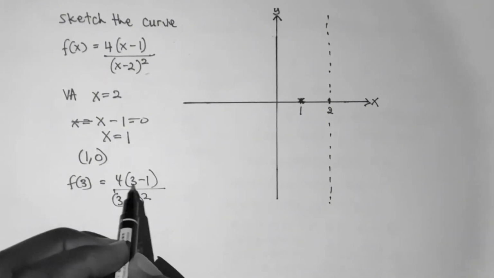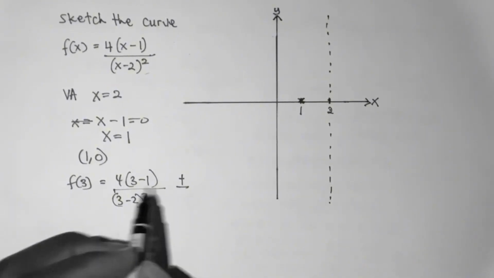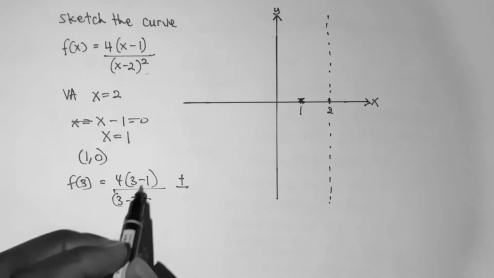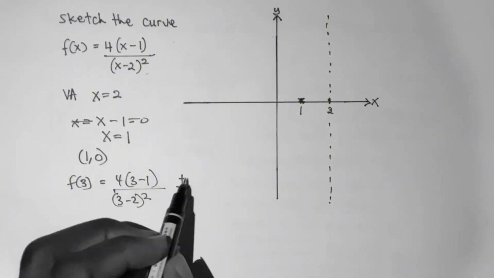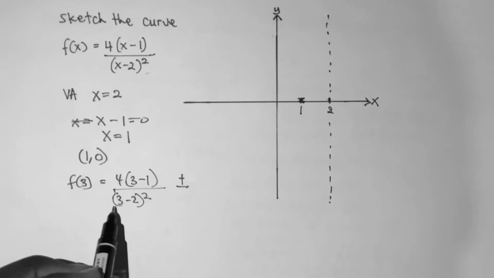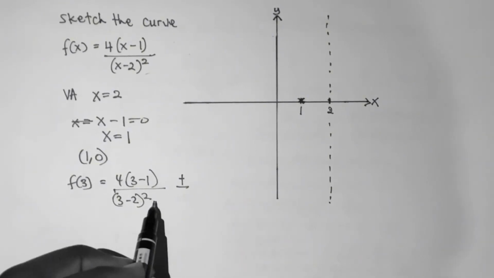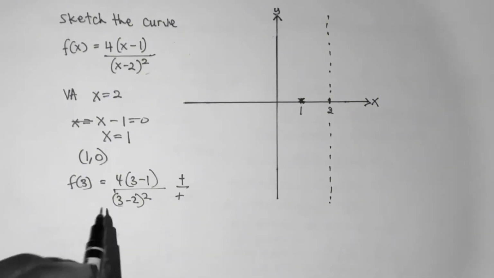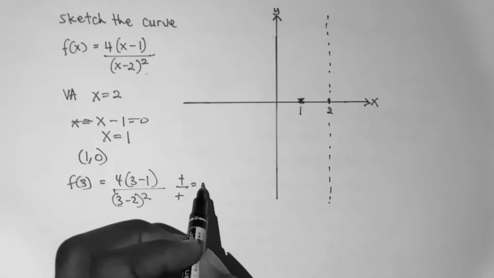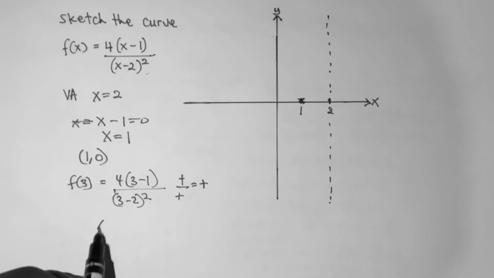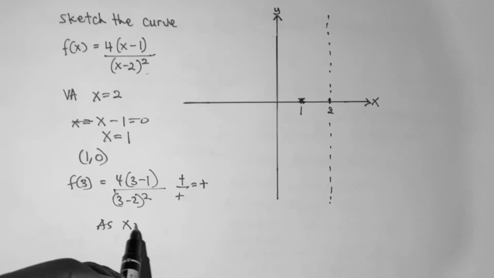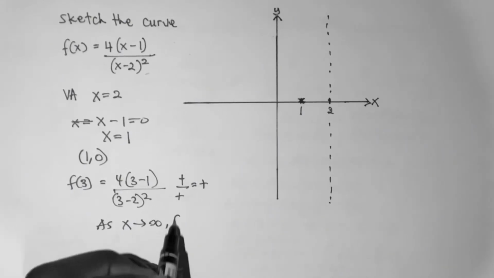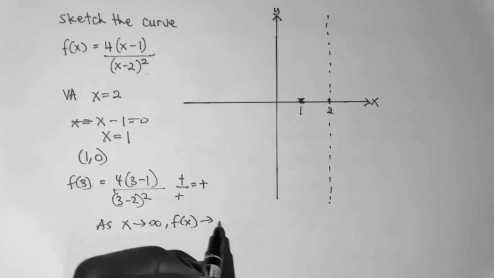Now 3 minus 1 is a positive number, times 4 will still give us a positive number, divided by 3 minus 2, which is also a positive number, squared will also give us a positive number. Therefore, the final result is a positive number. So as x approaches infinity, f of x also approaches infinity.